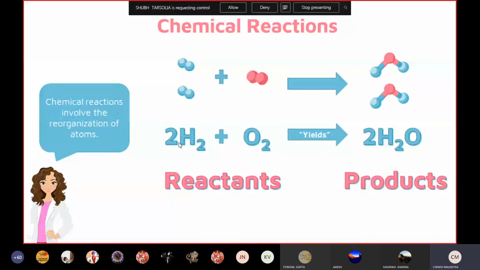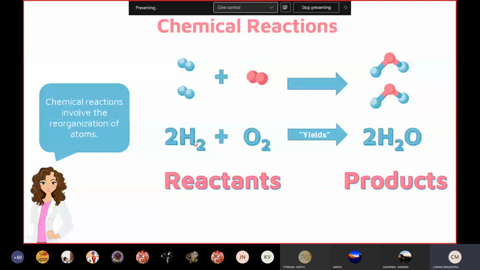So this number in front of the formula is called the coefficient, which is giving you the number of molecules. And the number which is written in smaller font, which is the subscript, is giving you the number of atoms in one molecule. Like one molecule of hydrogen will have 2 atoms of hydrogen.